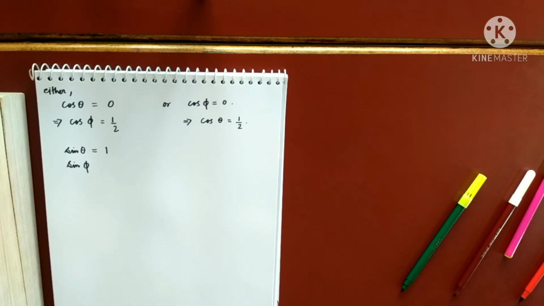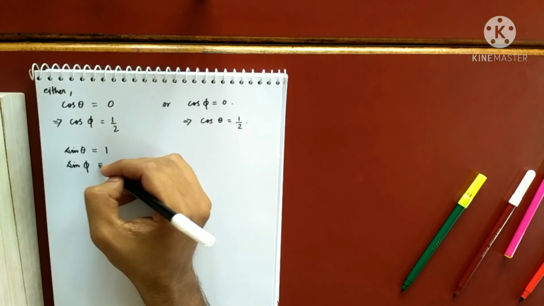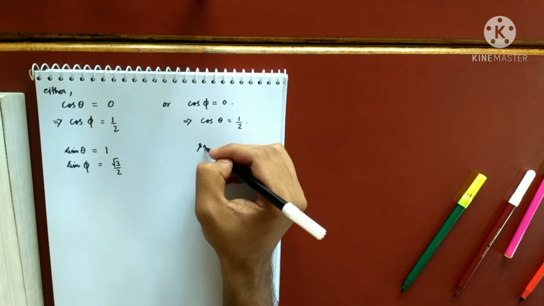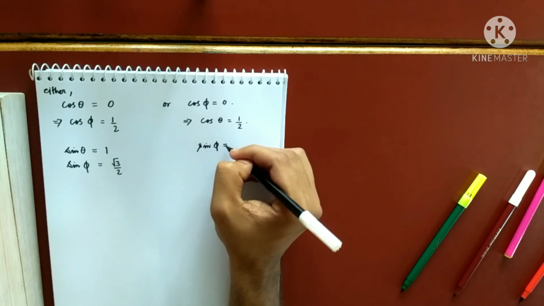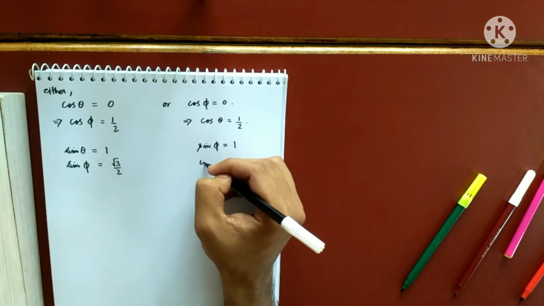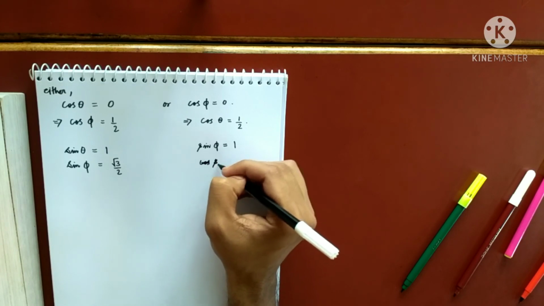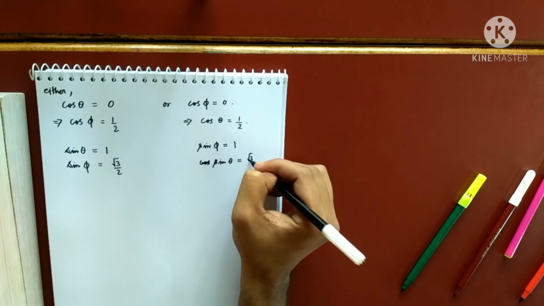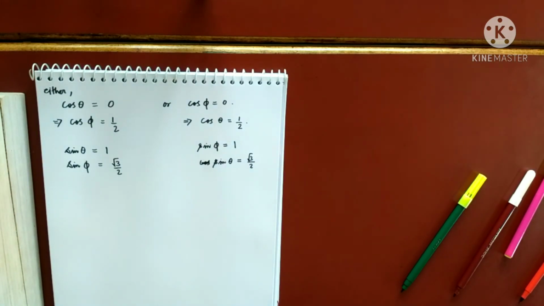So 1 minus 1 by 4 is 3 by 4, root of that becomes root 3 by 2. Similarly here, when cos phi is 0, sin phi will be 1, and when cos theta is half, my sin theta will be root 3 by 2. Right.